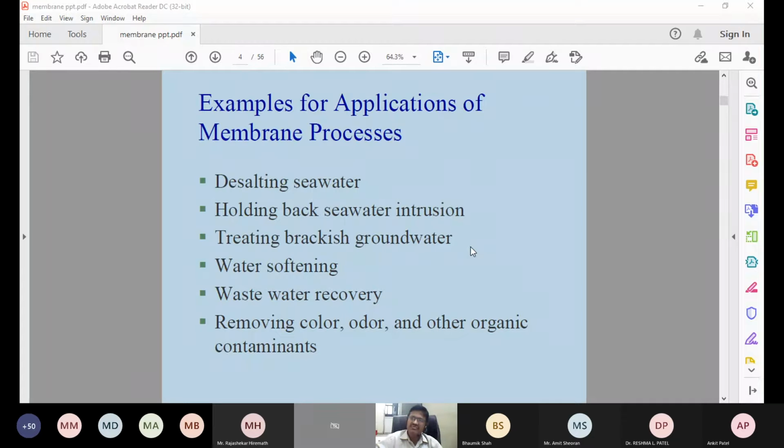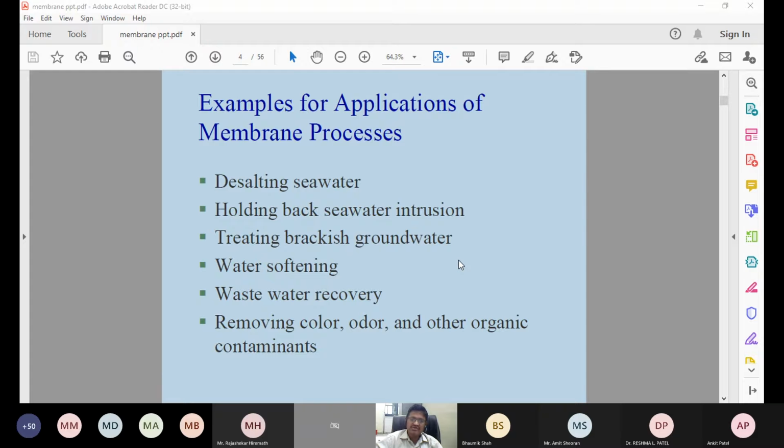ROs are required only when you have a high TDS, total dissolved solids greater than 500. Why? Because if you use RO for river water having only 150, 90% will be removed and you will get only 10 to 15 milligram per liter after the RO, and that is not desirable for our health.